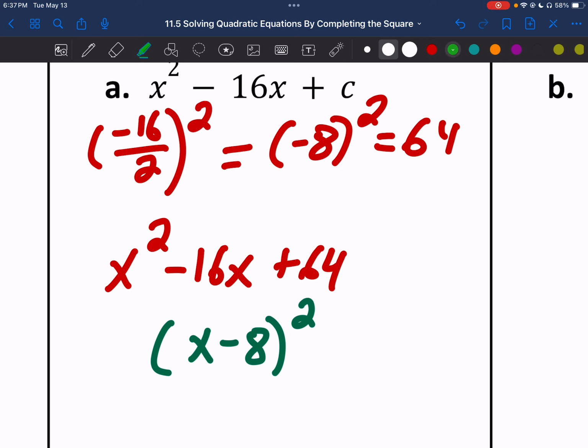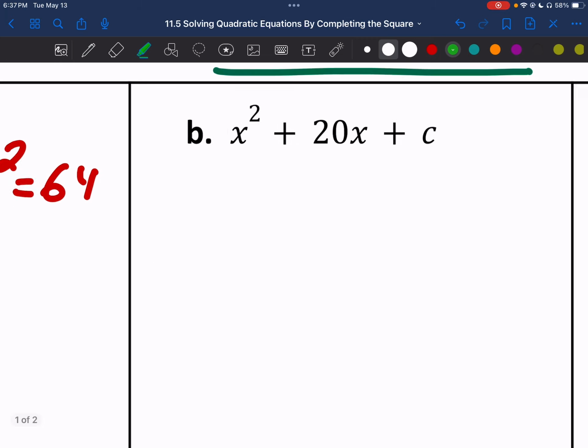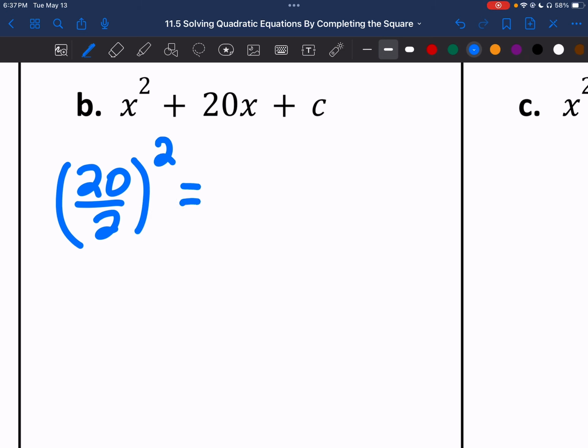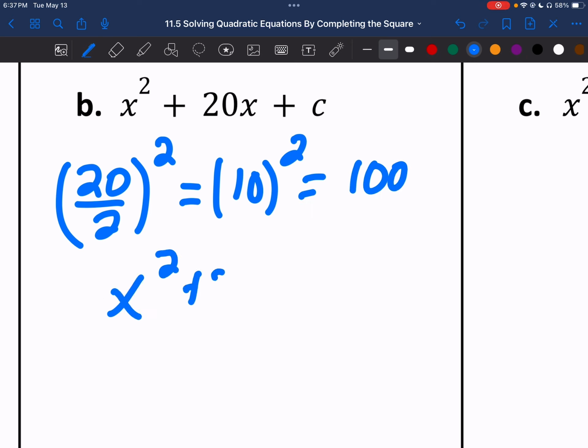Here's a hint when you're doing completing the square. This value goes right there, just like it is. Okay? So let's take a look at letter B. We have 20x, so we do 20 over 2, the quantity squared. 20 divided by 2 is 10 squared, which is 100. x squared plus 20x plus 100.